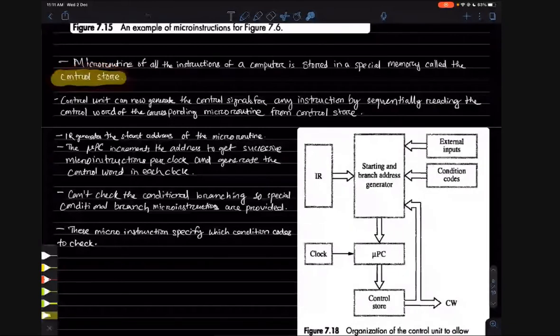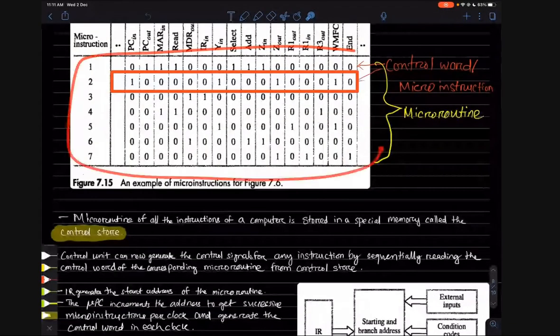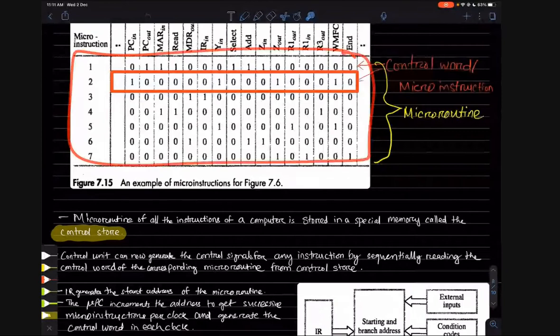We have said that this is the micro routine for the addition instruction, so this routine will be stored somewhere inside the control store. The first address has to be sent, so that from that address we keep on generating the signals sequentially. At the end, whenever we face the end signal, the micro routine execution will be over.